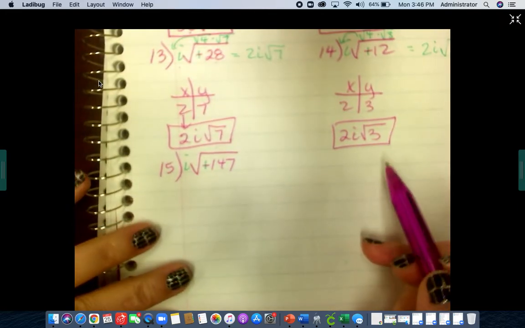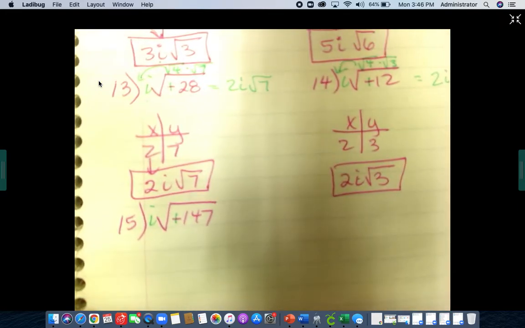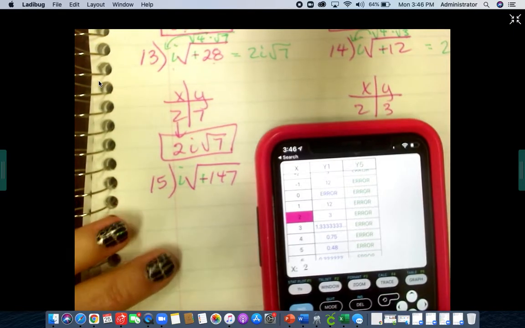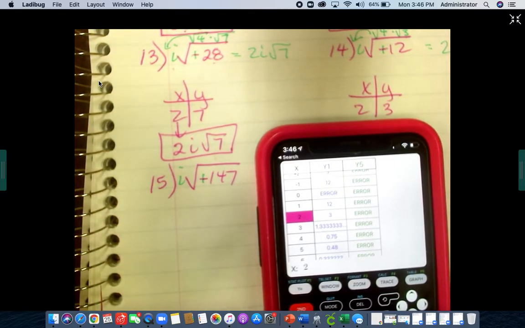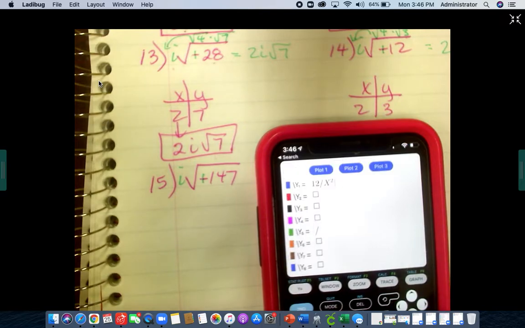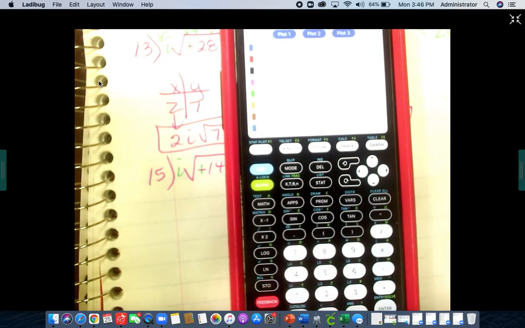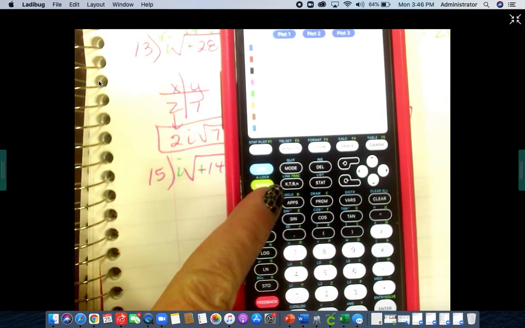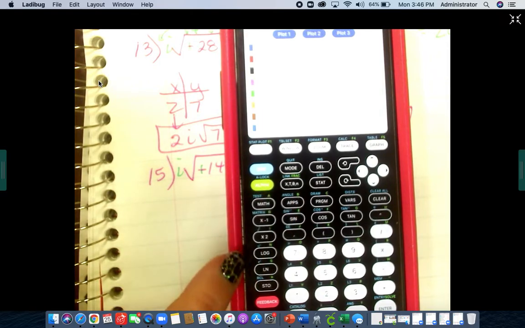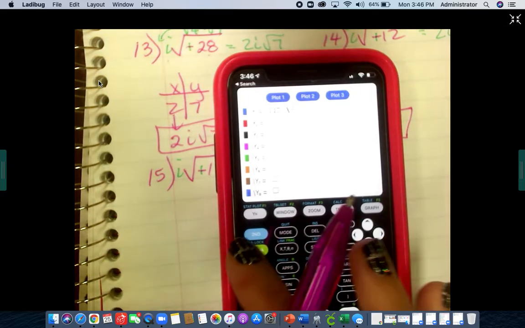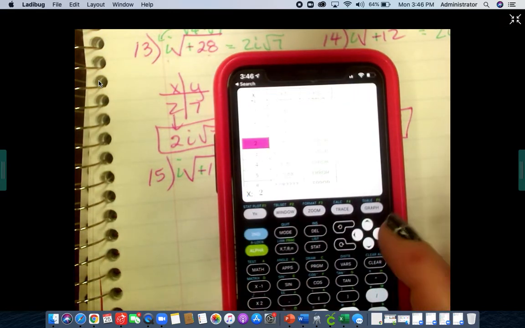All right. And for number 15, if I've got 147, I can't think of any perfect square factors offhand. So I'm going to go to y equals, type in 147. So again, I'm typing in 147 divided by my x is here beside the green alpha key and my squared down here, x squared. Then I press the blue second button, then the graph key to go to my table.